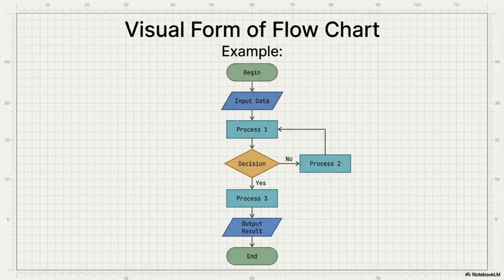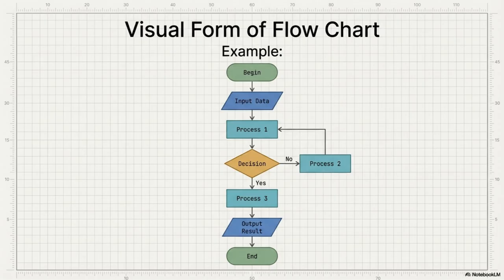And this we call a parallelogram. This will give input data and output result. So this parallelogram here is where the user provides information, which is input data, or the program display an output a result.